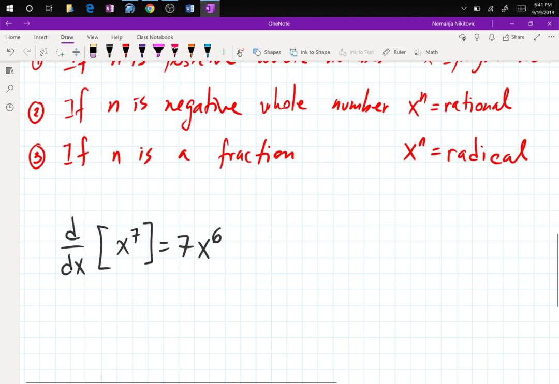Now, if you were to sit here and use the rule with the limit, you would have to raise x plus h to the 7th power, and you have to go and simplify that.